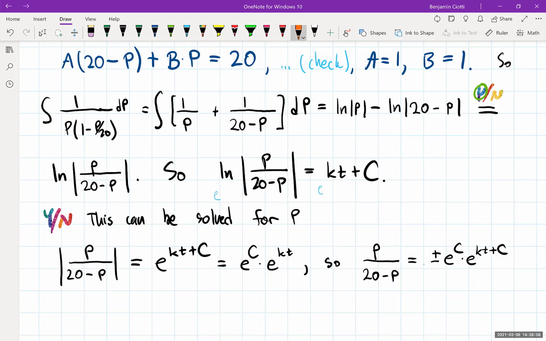In case you aren't sure how or why I did that, that's using the fact that if the absolute value of one thing is another, then A must be plus or minus the other thing.